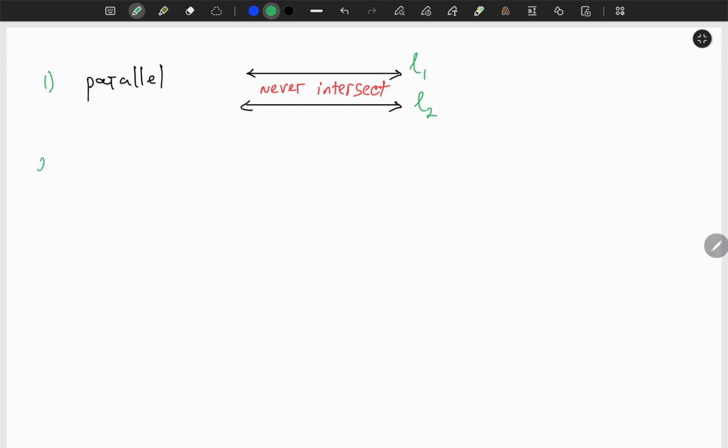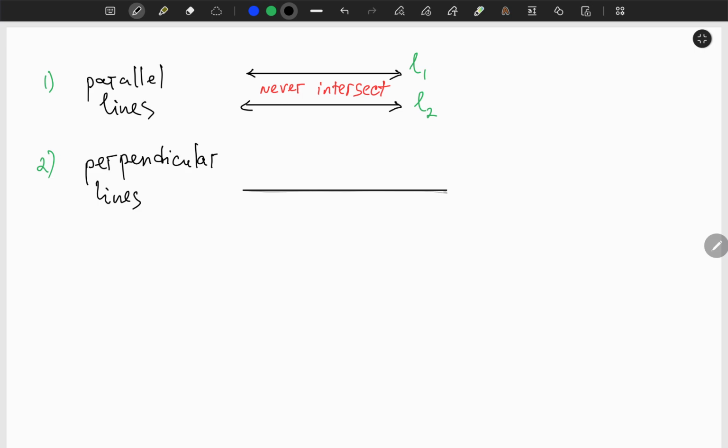Second, perpendicular lines. Parallel lines, perpendicular lines. Okay, perpendicular lines are the lines that intersect each other under this specific angle.